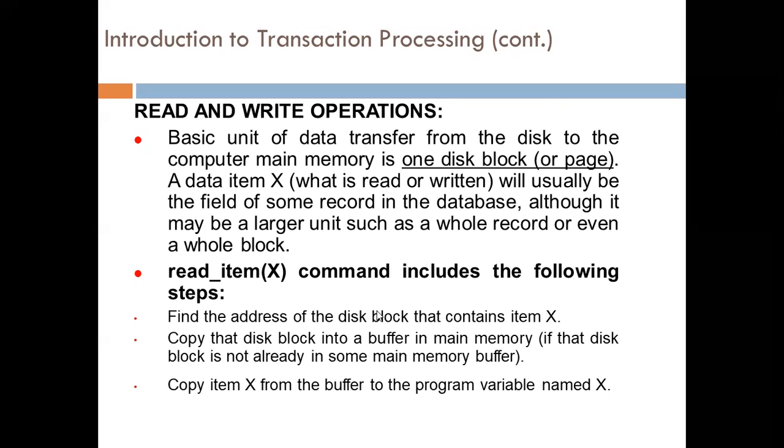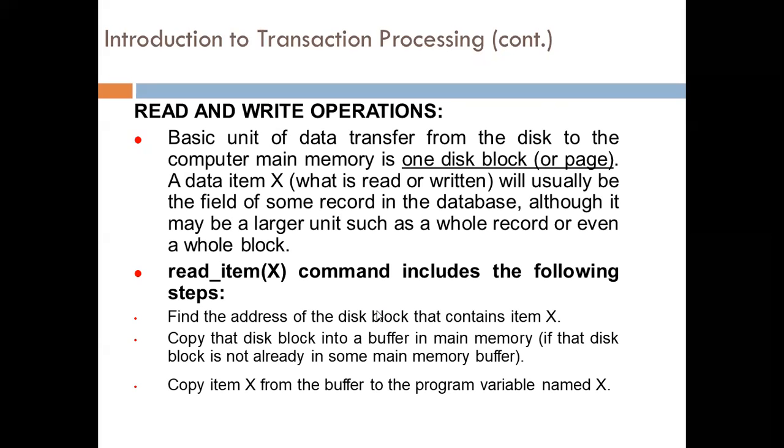If we consider the data as a block, it is the transfer from disk to the computer's main memory. If you are reading from a hard disk, the data is read and stored in the computer's main memory, that is RAM. That is one disk block.